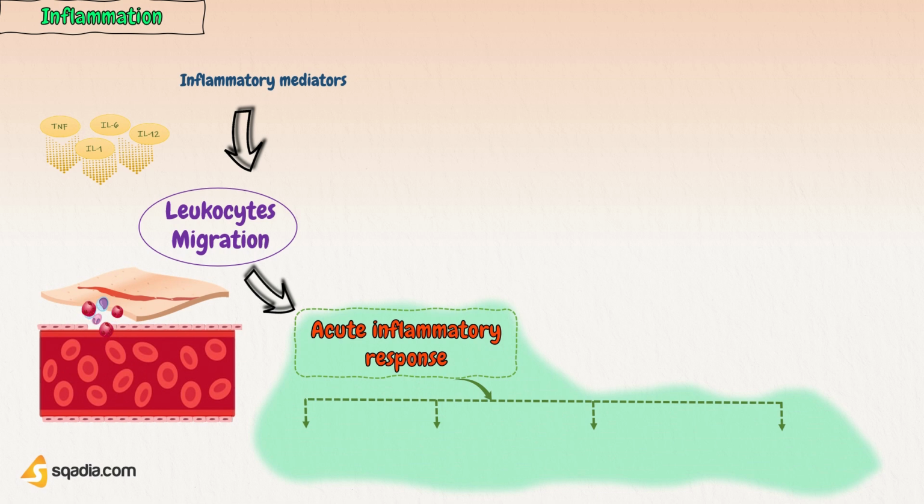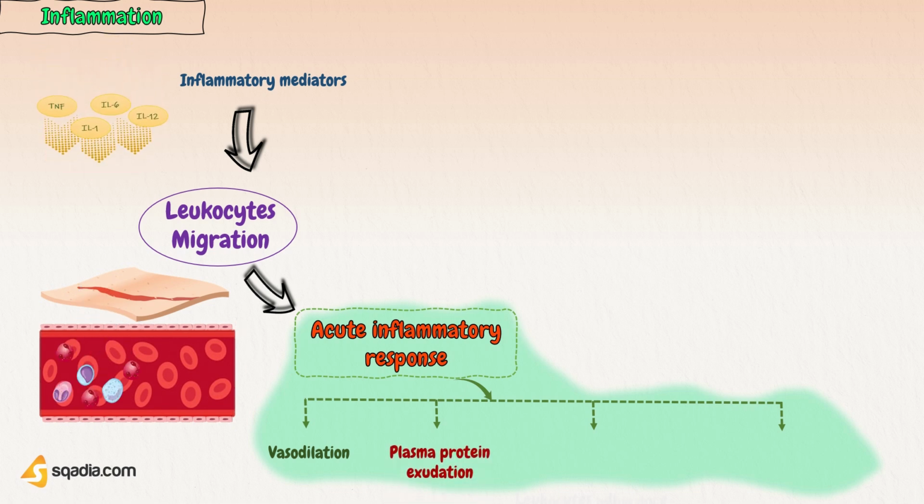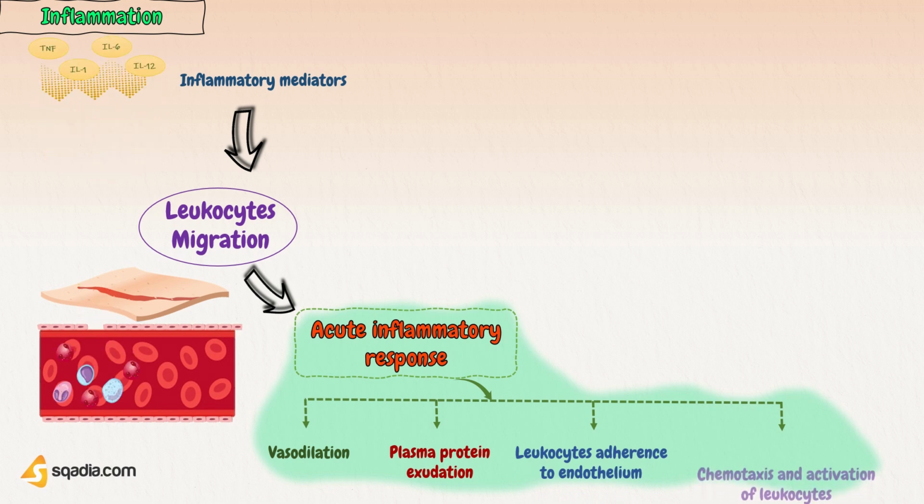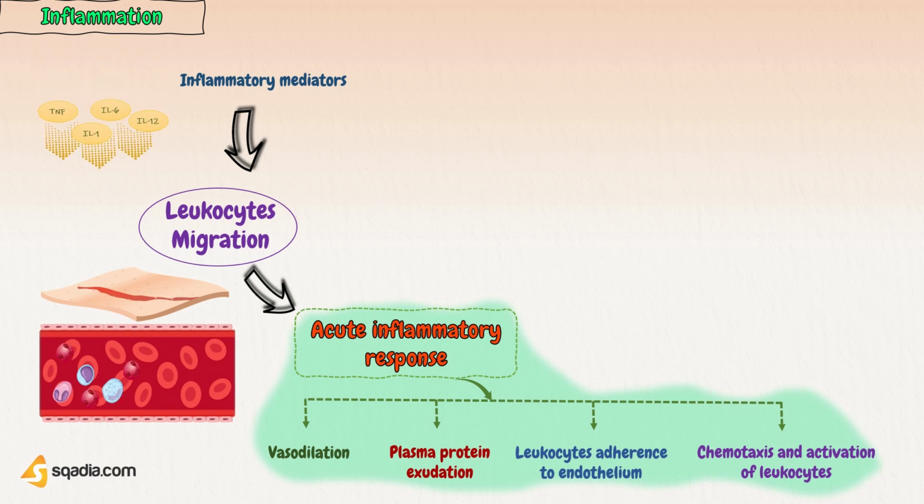Locally, the acute inflammatory response includes capillary vessel dilation or vasodilation, exudation of plasma proteins that leads to edema, leukocyte adherence to endothelium with the help of various chemicals and receptors, chemotaxis and local activation of leukocytes.